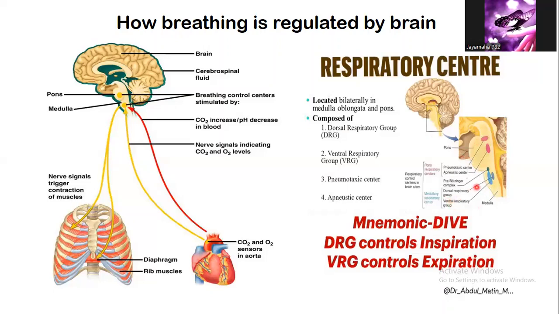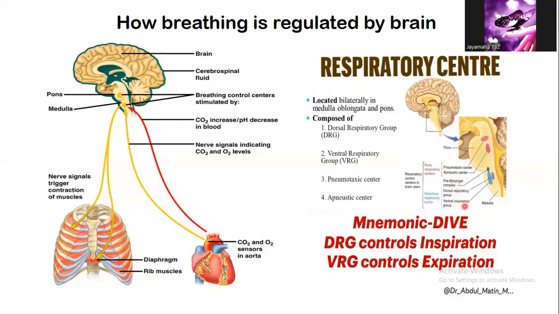Here you can see the dorsal respiratory group, called the DRG. It helps in the primary control of inspiration by sending signals to the diaphragm and external intercostal muscles to contract.